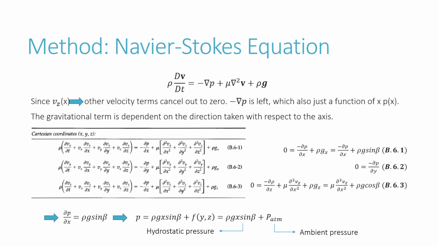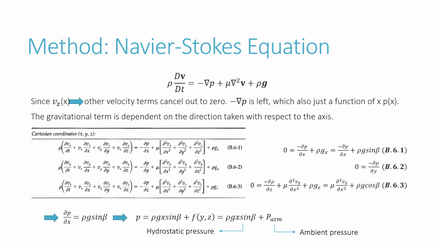That leaves the pressure, which is also a function of x. The gravitational term also depends on the direction of the axis we took before. Then we cancel the terms. As you can see on the right, these are the equations after all the unnecessary terms are cancelled.